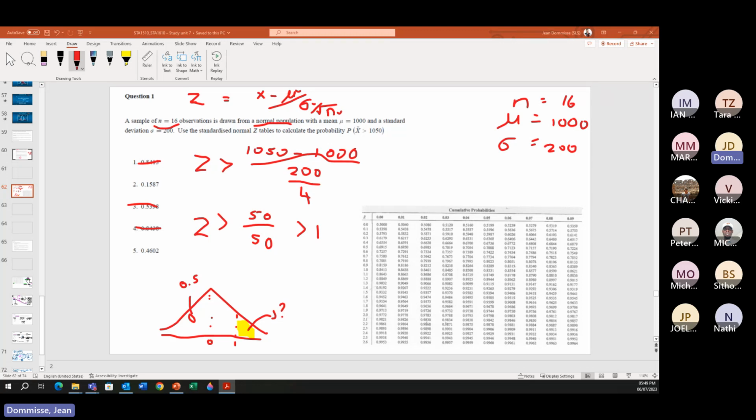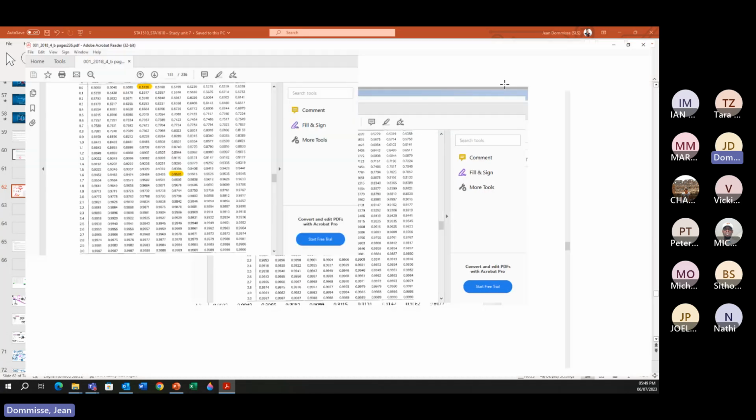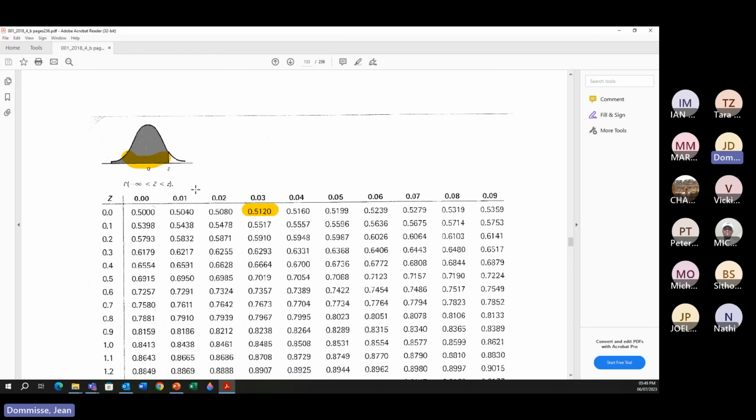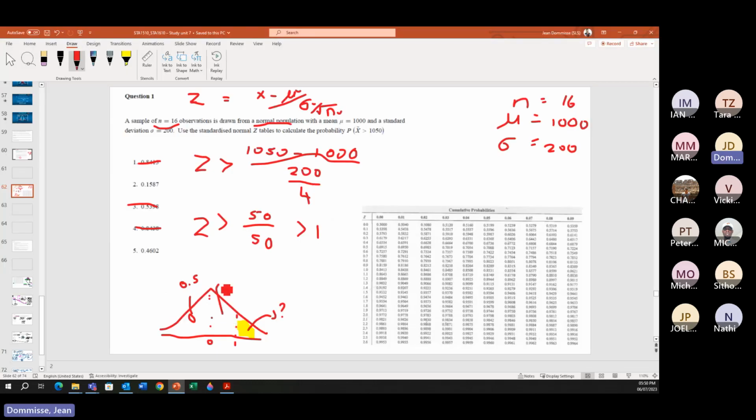So when you look for the Z table, it will be part of chapter 6 again. So remember, we're looking for that small area. So if we look at Z equal to 1, we got the 0.8413. So we know that this area is 0.8413.